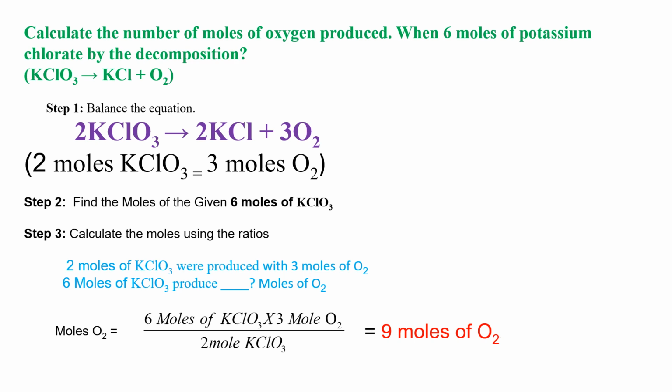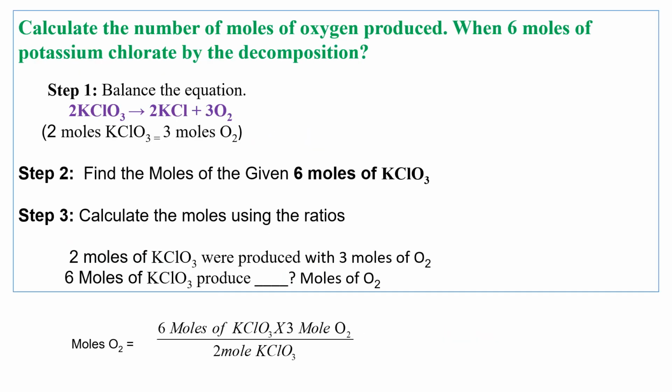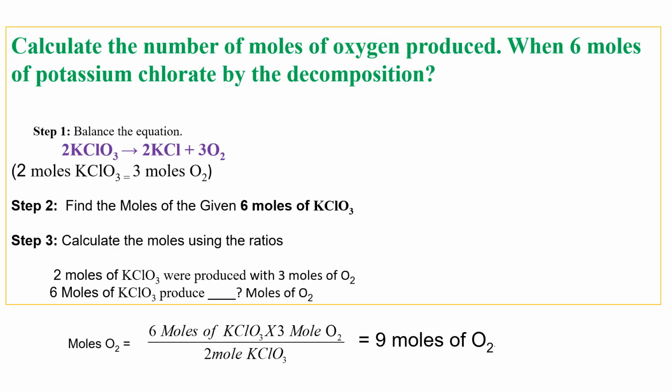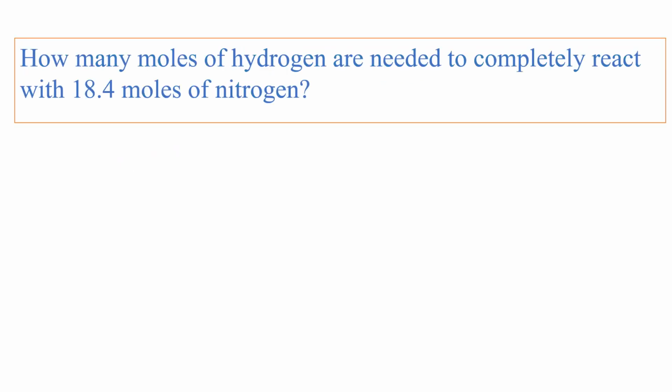You will get 9 moles of oxygen. Like this, first do the balancing of the chemical reaction, find the relation between KClO3 and O2, then find what 6 moles gives. Like this you have to do.